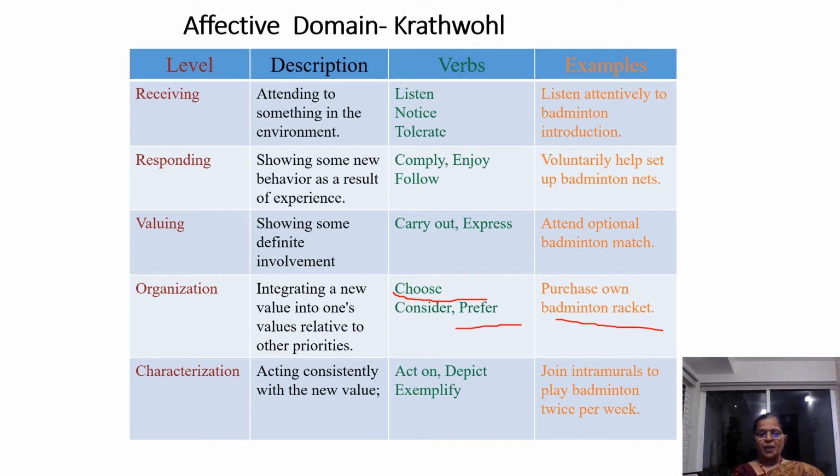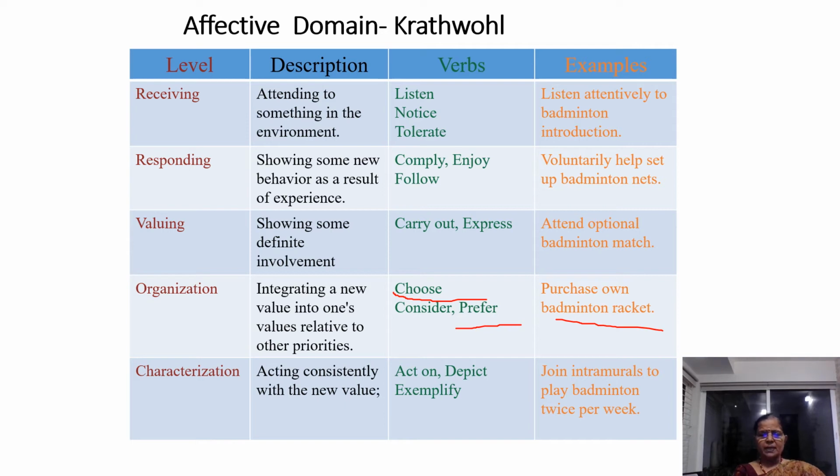That is, every act of yours will be consistent with your new value. So what is the new value here? Playing badminton. So you join the intramural games to play badminton twice per week. You commit yourself. So every week, 2 times you are playing in the game for your school or for college.